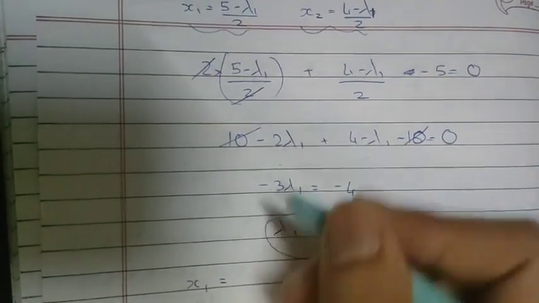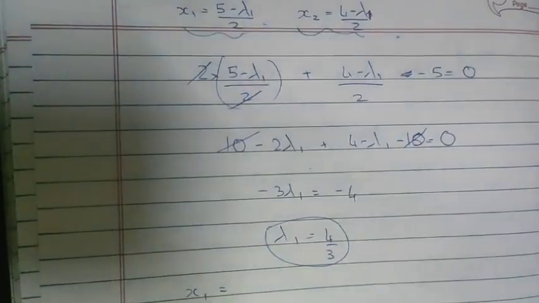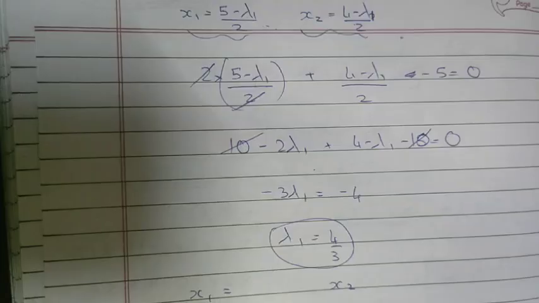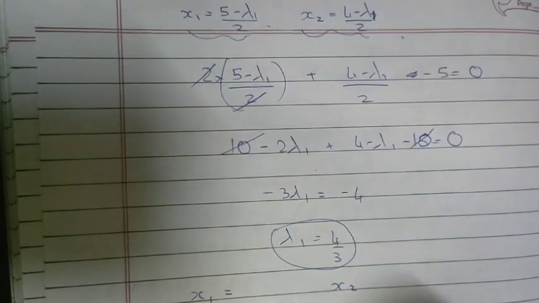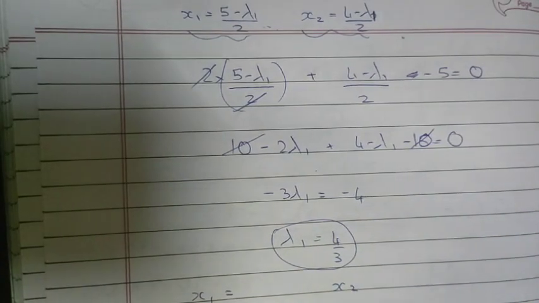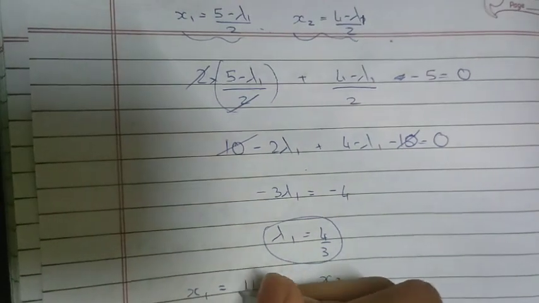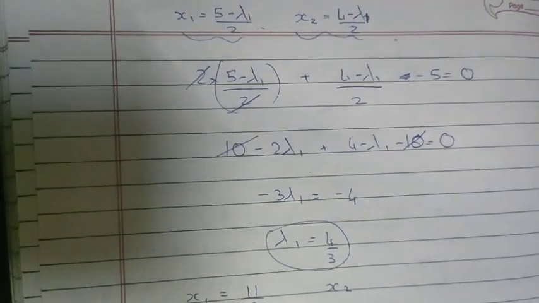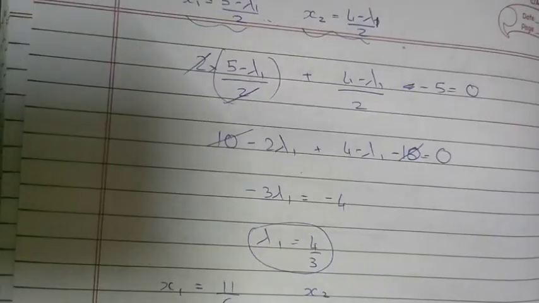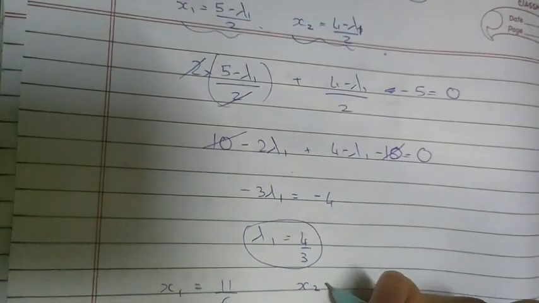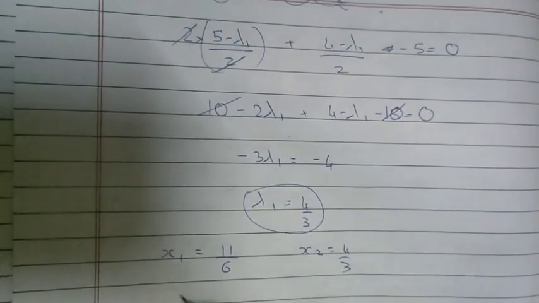Now we can substitute this in these two equations to get values for x1 and x2. 5 minus 4 by 3 divided by 2, we get x1 as 11 by 6, and for x2 we get 4 minus 4 by 3 divided by 2, which is 4 by 3.